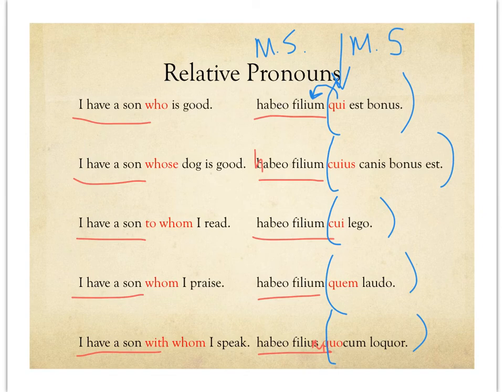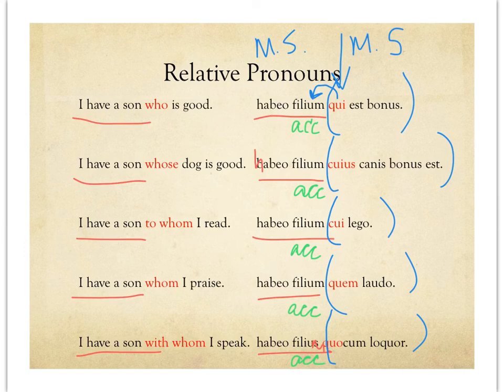But in all of these examples, filium is accusative because it is always the direct object of habeo. No matter what the rest of the sentence, this doesn't change. Filium is filium because it's the direct object of habeo.